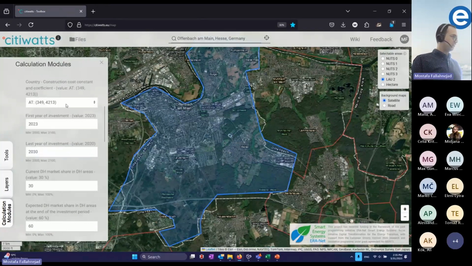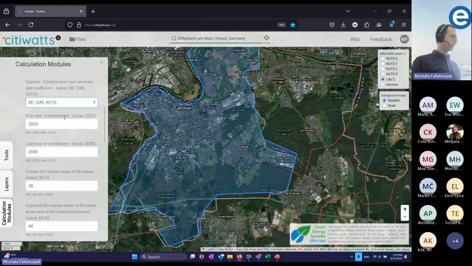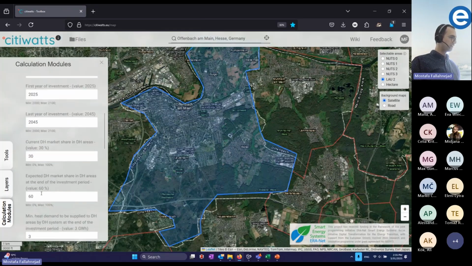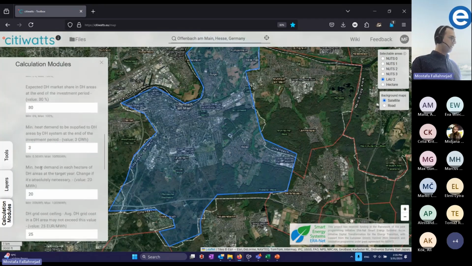As I mentioned, you have the option to pick the default values here. I select these ones, for example. Then you have the option to say you are interested in calculating from 2025 to 2045, for example. What is your current state? Which level are you interested to reach?